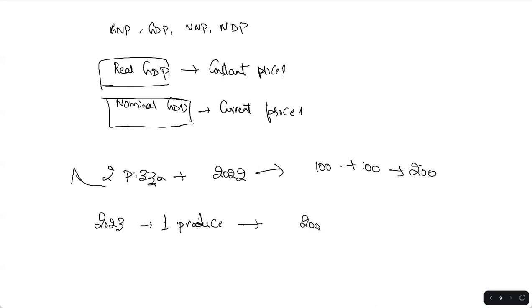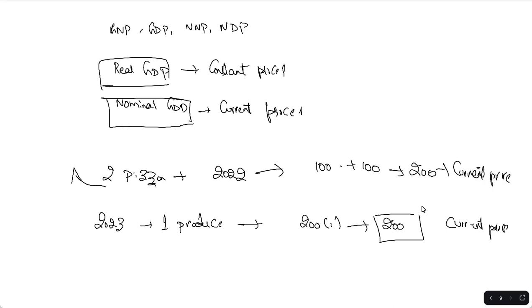It has become 200 rupees, but you have produced only one pizza. Still, it is becoming 200 rupees at the current price, और ये भी current prices, right?